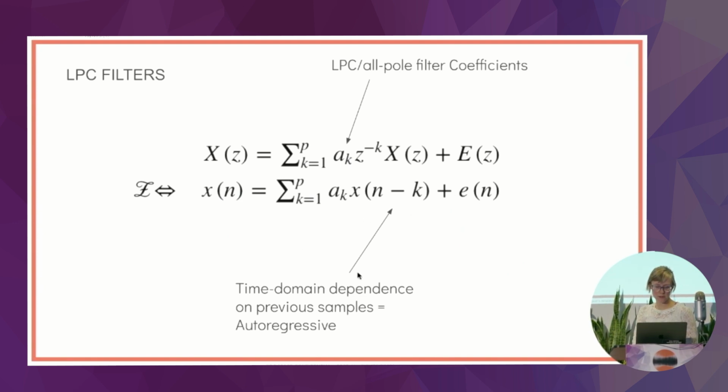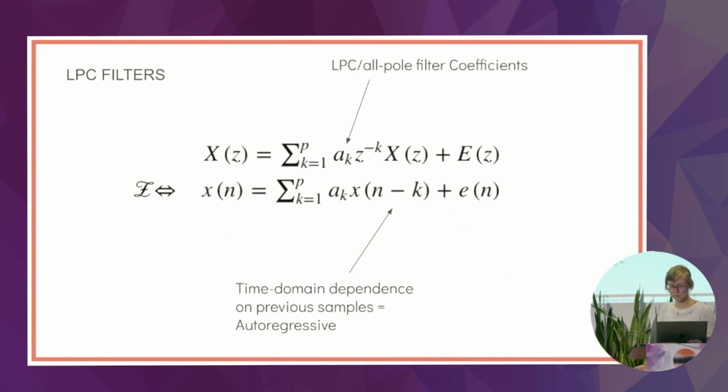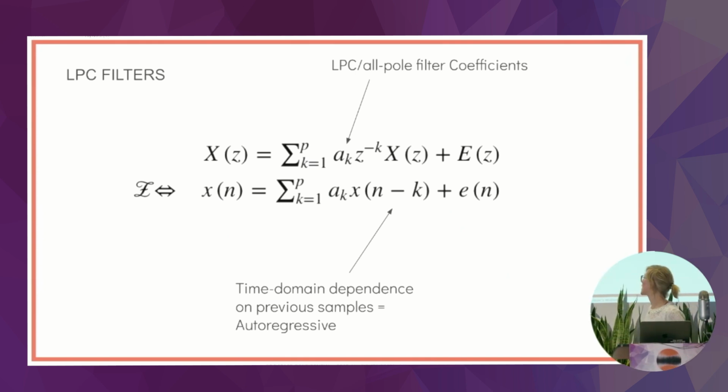This is the part that makes it autoregressive, and these are the filter coefficients that we're trying to find. The other thing that makes this tractable is that you can get these coefficients just by autocorrelation. If you scan autocorrelation functions across your signal, there's a very easy way to find these filter coefficients for a formant, for a given sound.